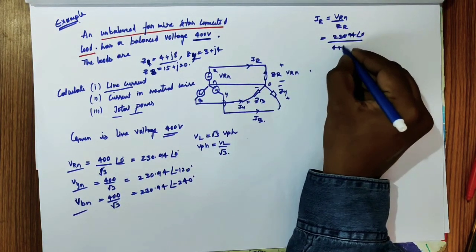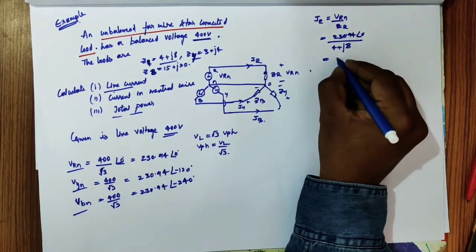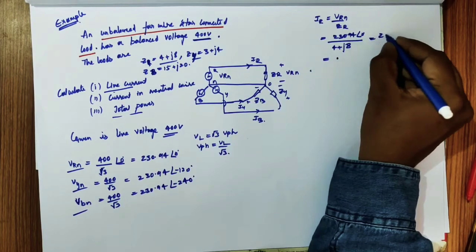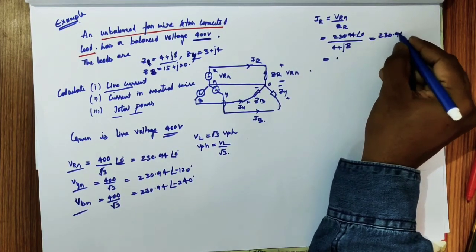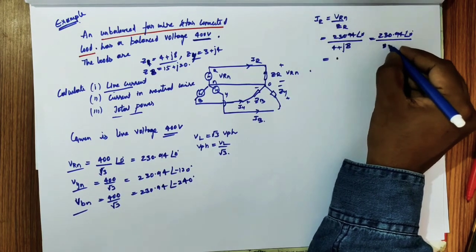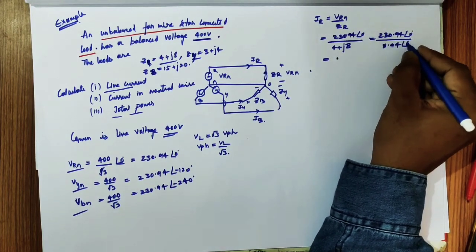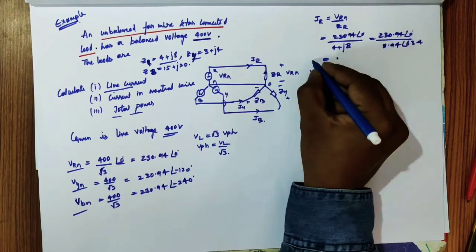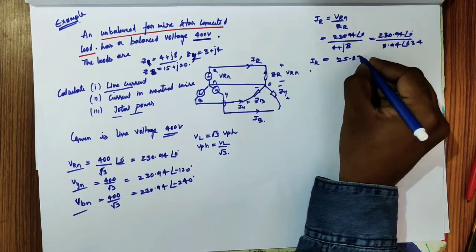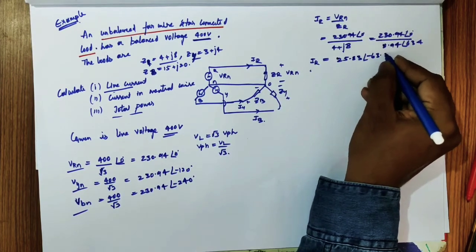So 4 + j8, which in polar is 8.94 at an angle of 63.4. So we obtained IR equal to 25.83 at an angle of minus 63.4.